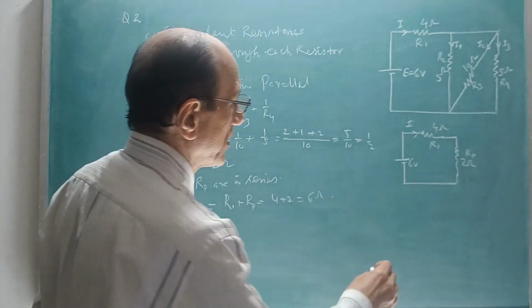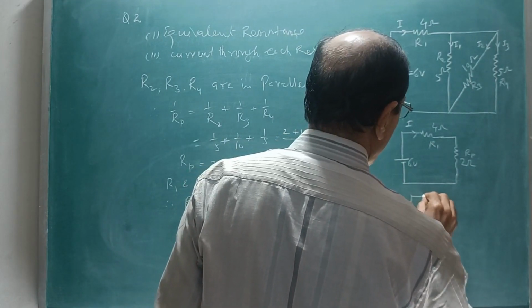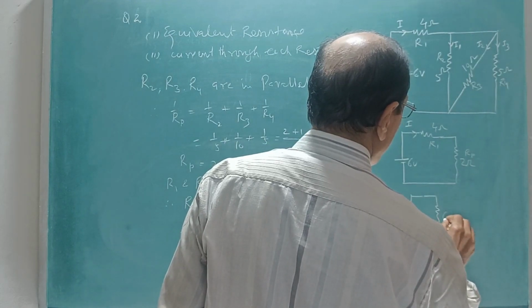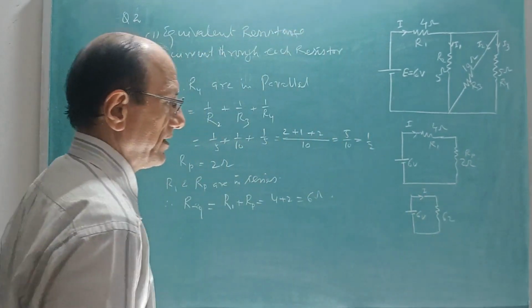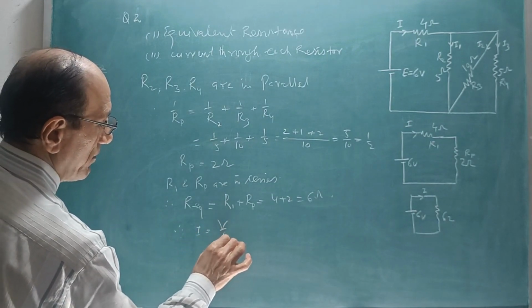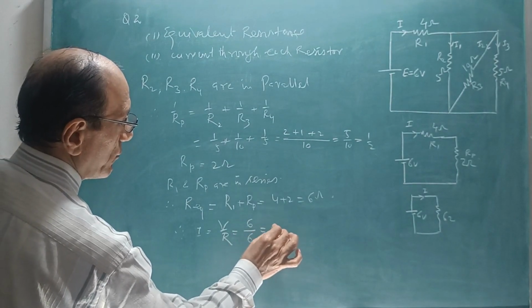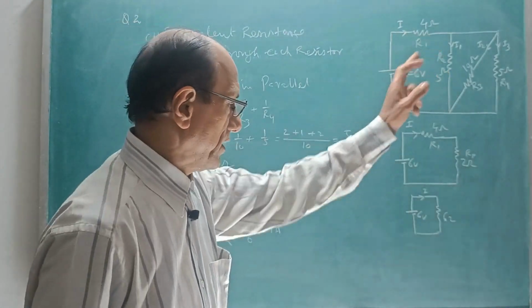Now the final circuit becomes 6 ohm and 6 volt. So I equals V by R, that is 6 by 6, that is equal to 1 ampere.